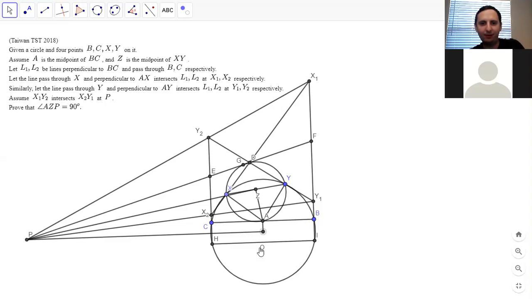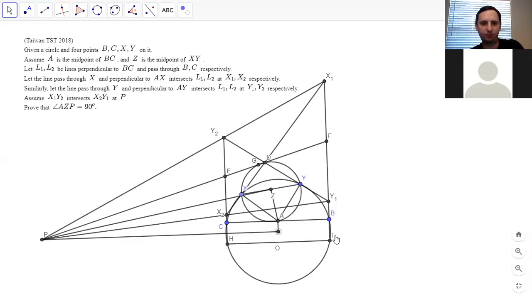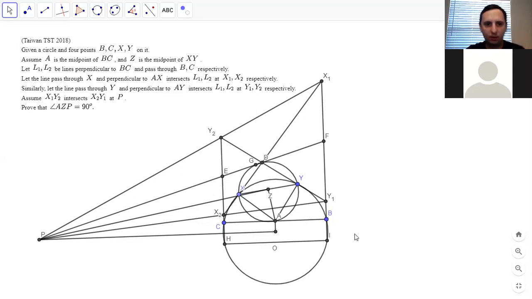Is that a rectangle? That should be a rectangle, right? Yeah, it is. It's a little bit slanted, I guess. I don't know if it's worth drawing this point right here.